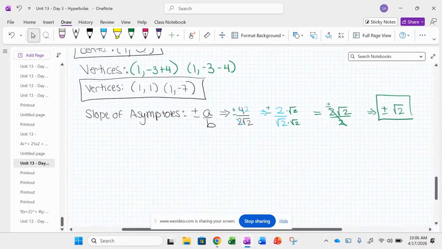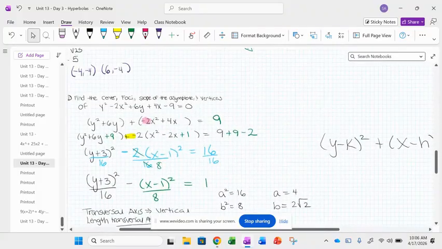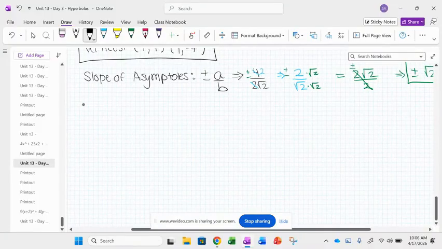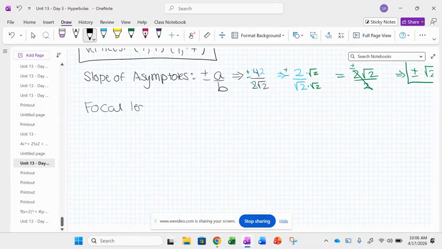All right, next one. What was the last thing I asked us to find? Foci. So we're going to use the focal length, which is the same formula for both horizontal and vertical. So that's going to be C is equal to the square root of A squared plus B squared.